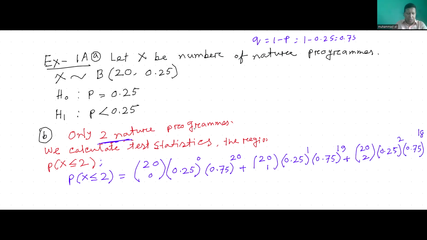After calculation we get 3.171212 times 10 to the power minus 3, plus 0.021114, plus 0.06695. After all calculation we get 0.09126.